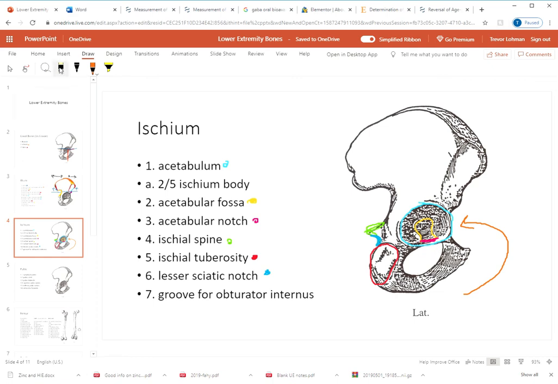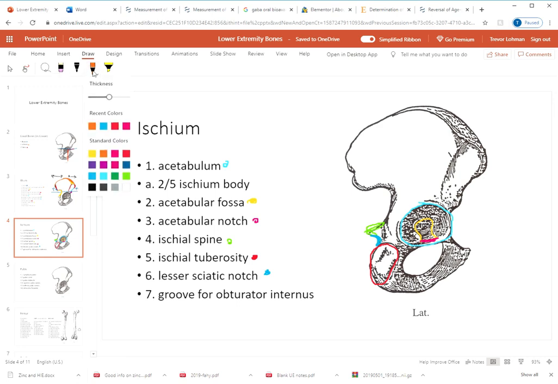Anyway, there's a muscle on the internal side called obturator internus that covers this foramen, and it has a tendon that wraps around here on the other side and then comes back across here to attach to the femur. So that tendon goes through here to attach to the femur. So that is the groove we're about to label.